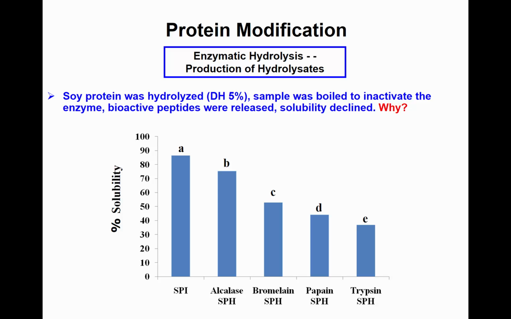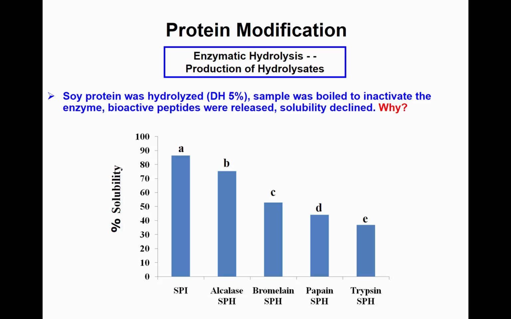Add to this, well, there are differences. It seems like when you hydrolyze with trypsin, remember when I told you trypsin had better emulsification in general, it is used to enhance emulsification properties because it probably enhances the hydrophilic balance, but it would reduce solubility.